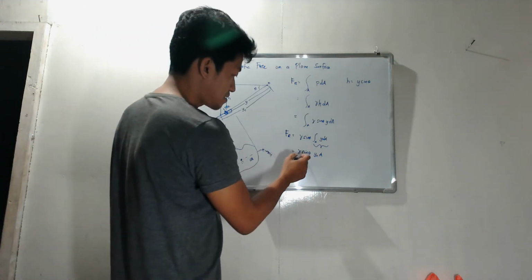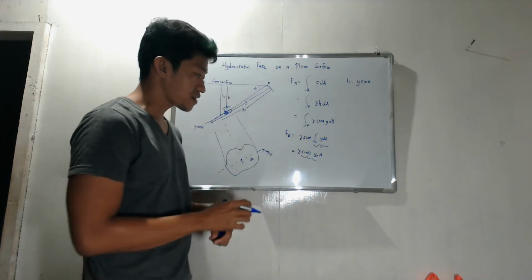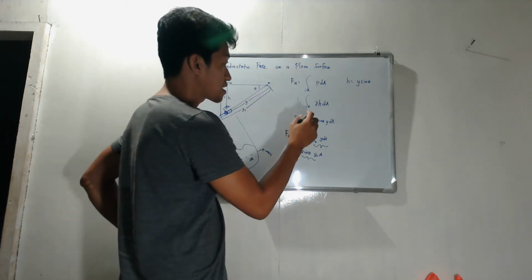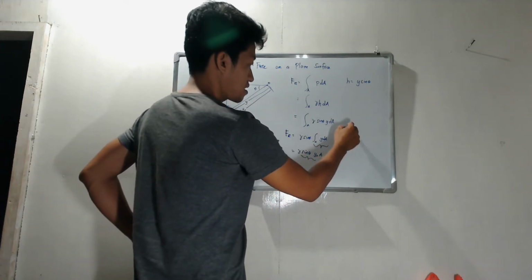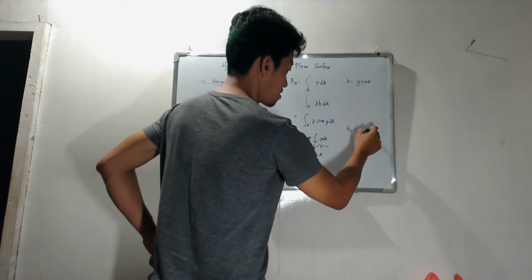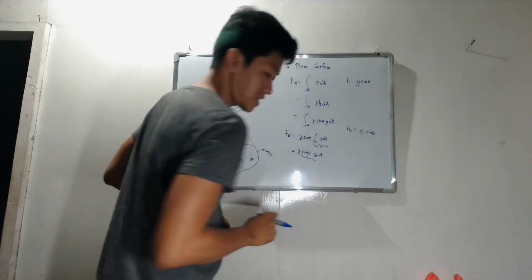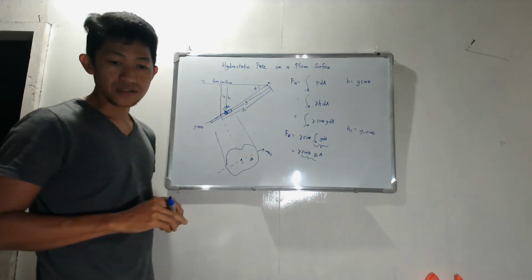Okay, this term, if you look at the figure, this is just the h sub c, or the distance from the surface to the centroid.